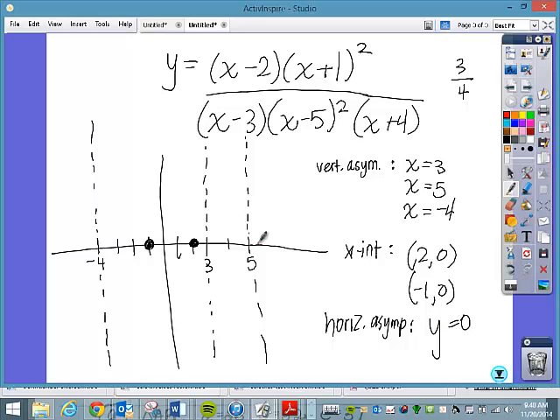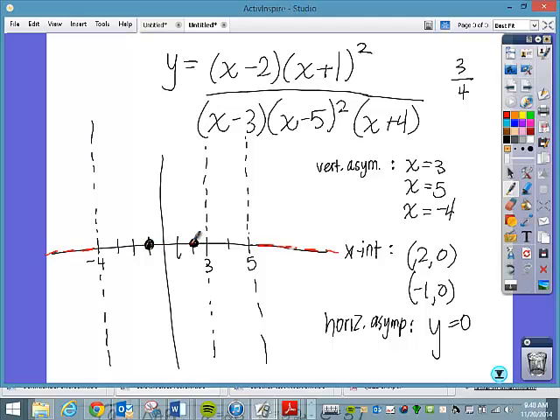And remember, sometimes your horizontal asymptote doesn't really apply in between your two vertical asymptotes, obviously, because we're going to cross the x-axis at negative 1 and 2.